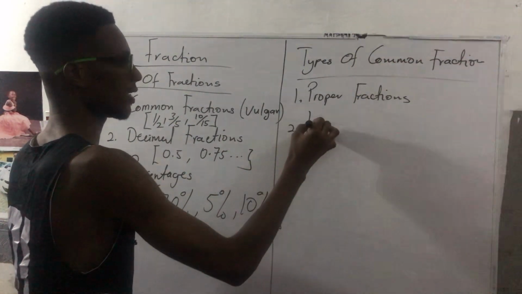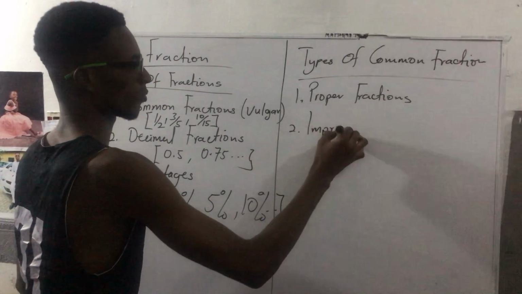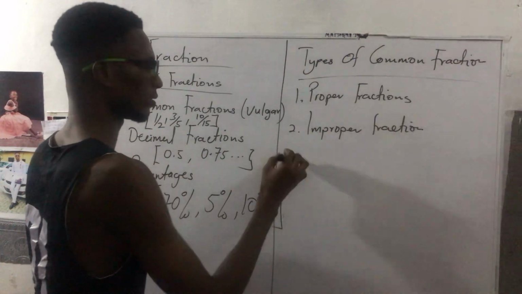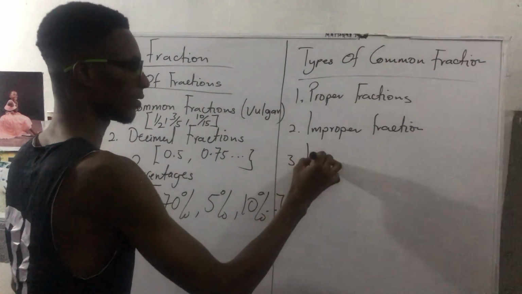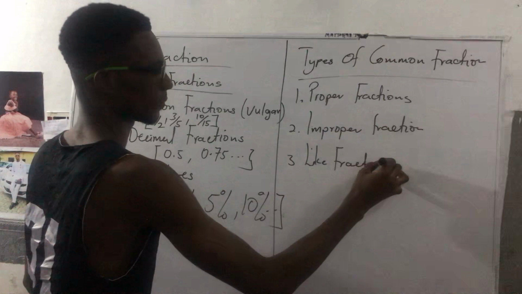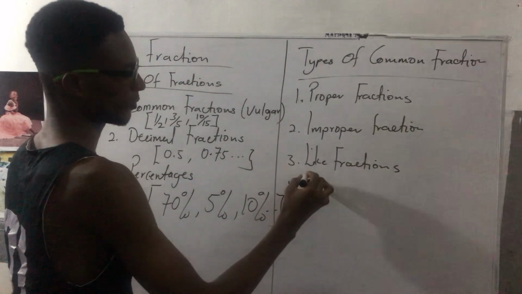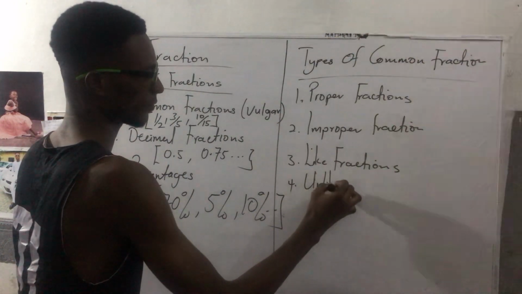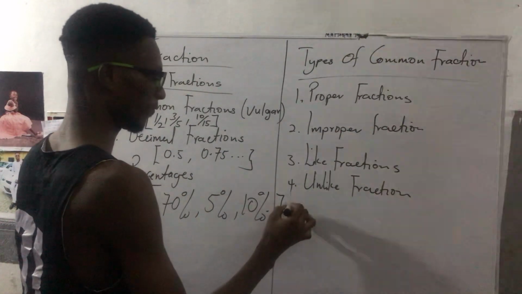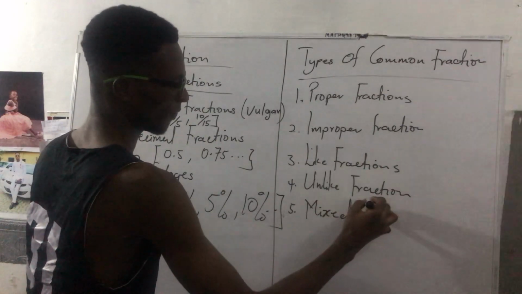The second one is improper fractions. The third one is like fractions. Fourth, unlike fractions. The fifth one is mixed fraction.